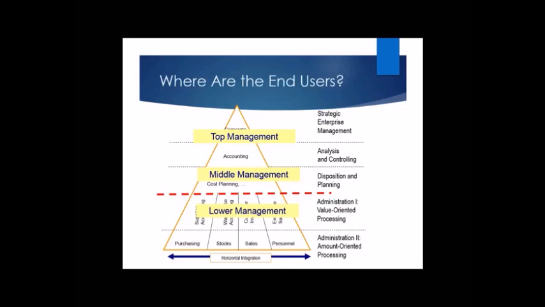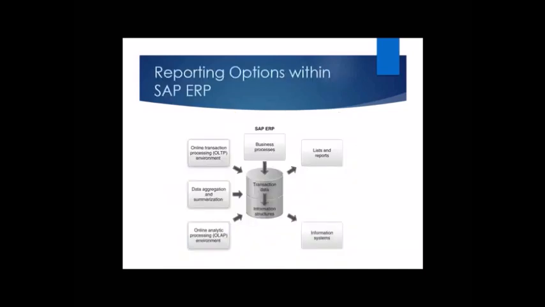Now, understanding the differences between OLTP and OLAP is important because it can help us in understanding reporting options in SAP ERP. This is because SAP ERP systems include both transactional and analytical environments. The transactional environment of SAP ERP is known as the Online Transaction Processing environment, or OLTP environment.